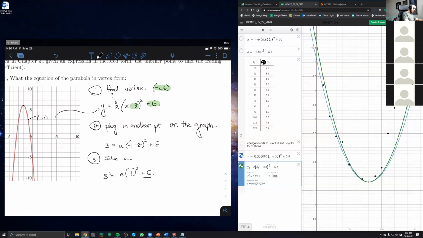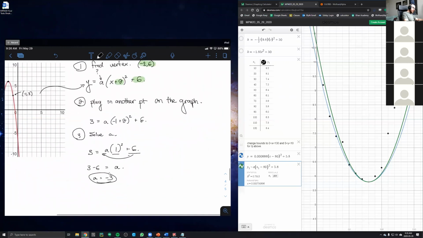I'm going to move the 6 over to the left side. So 3 take away 6 equals a times 1 squared, so that's just a. So a is equal to -3. And then we conclude: therefore, y is equal to -3 (x plus 2) squared plus 6. And that's our equation.